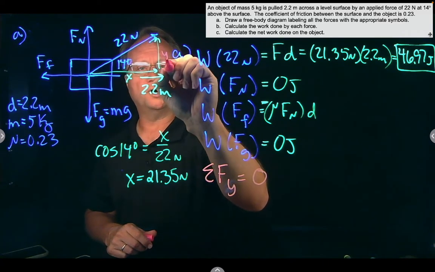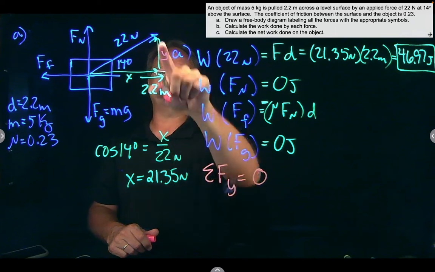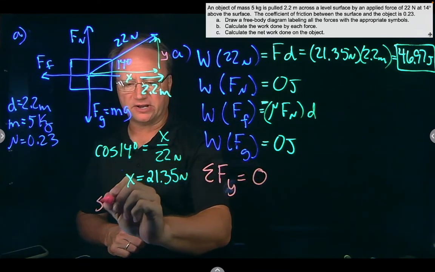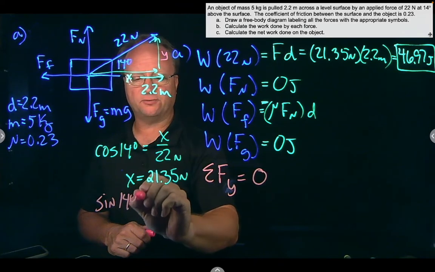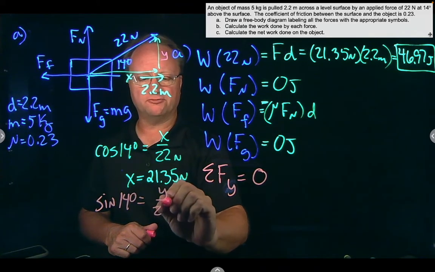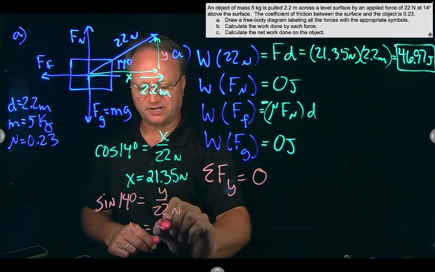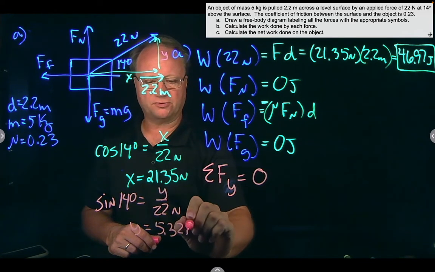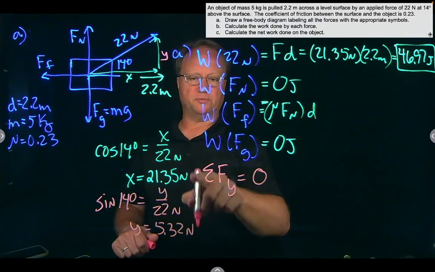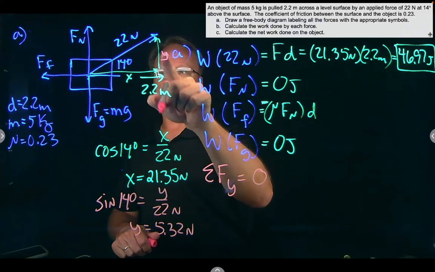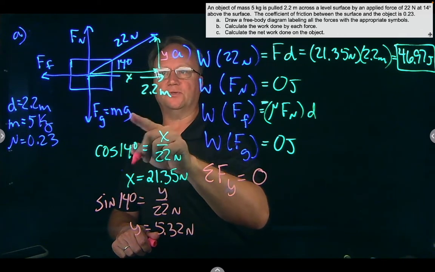Well, one of the pieces that's going to come into that equation is the y component of the 22. So let's do the trig and calculate that. Sine of 14 degrees, that's going to be y over 22 newtons. And that's going to give me a y value of 5.32 newtons.